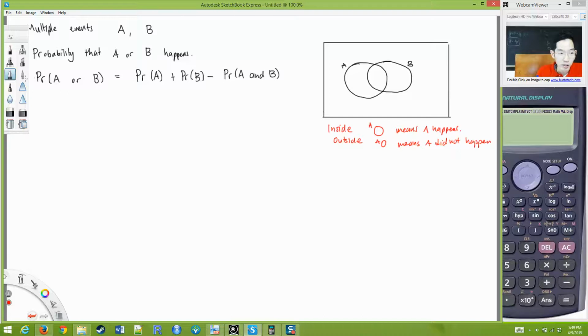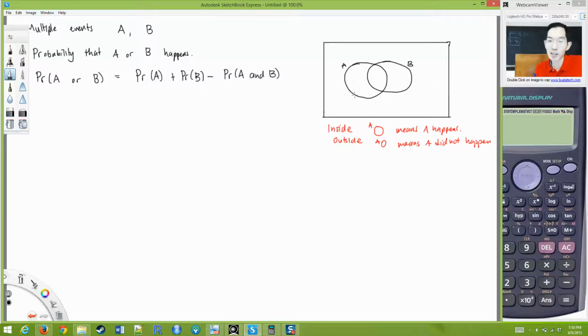Okay. So with that in mind, what is the total area of this box? What's the probability of the box? 1. Okay?